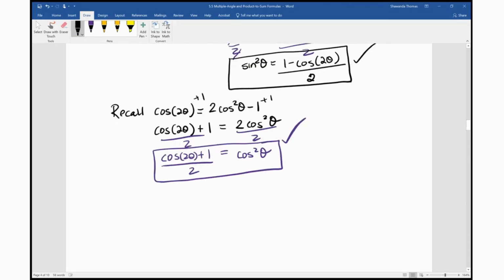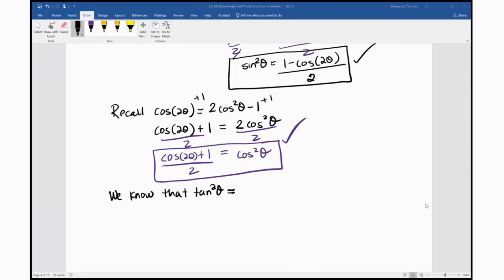And then the tan one, we know that tan squared theta. And this is how we're going to write this one. What is tan theta equal to in terms of cosine and sine? What is tan, regular tan, theta equal to? What does tan equal to? Definition.